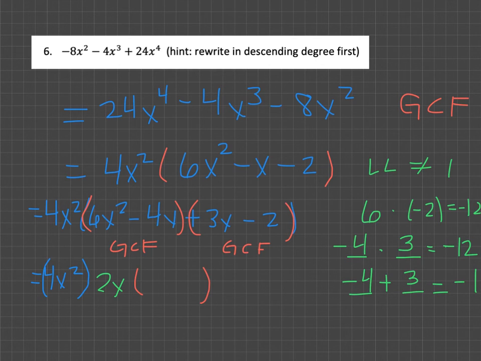It's going to be a 3x minus 2. Now we go to the next group, and the only thing that's going to factor out is a 1. So we're going to have a +1, and then what's left over, which is 3x minus 2. And we know that's right because these match. Those are the same.